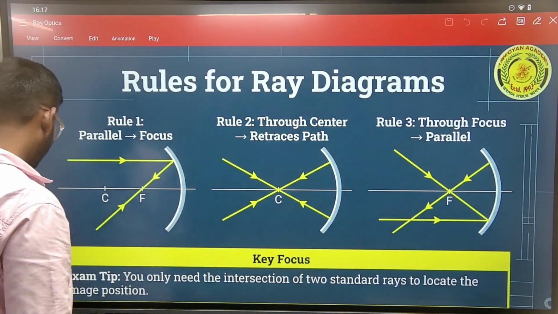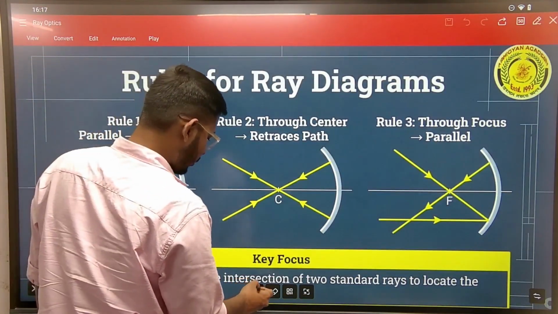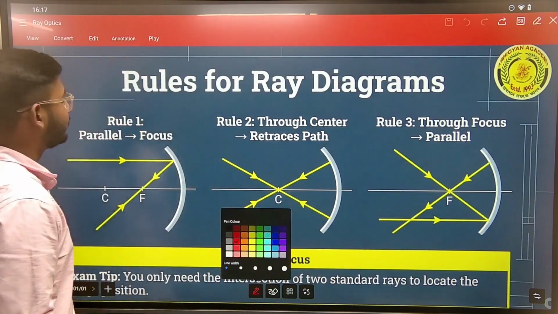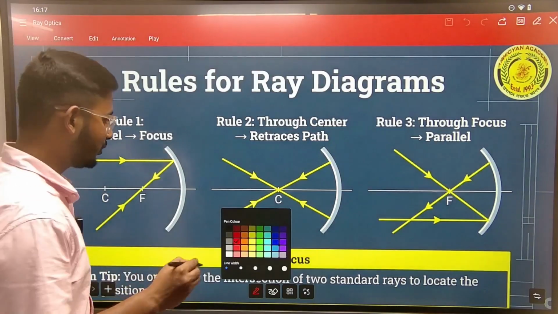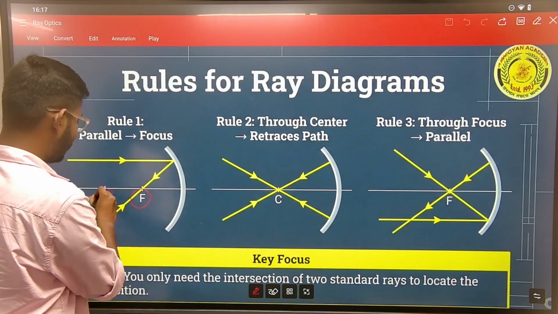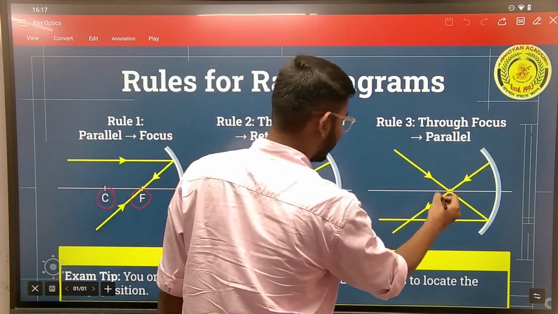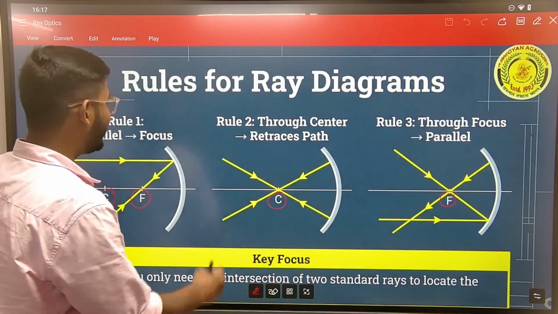Before going to the rules, let's get some points. Here you can see some letters. F denotes focus, I already said.